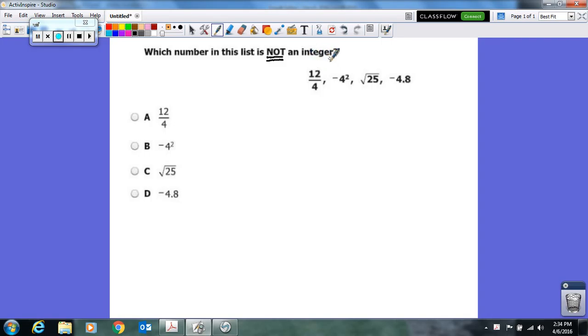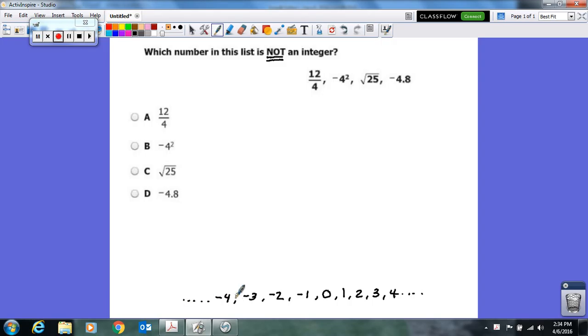So an integer is a member of that family of numbers that's all the whole numbers like 1 and 2 and 3 and 4, but it's also including all the negative versions of these. So -1 is an example of an integer, and -2, and -3, and -4, and so on and so on.